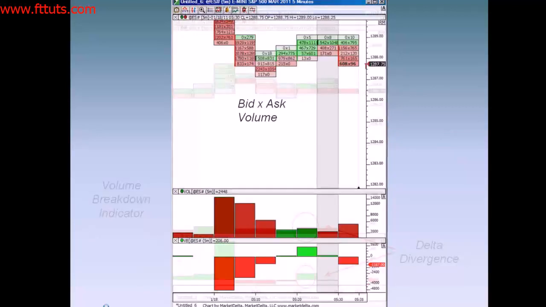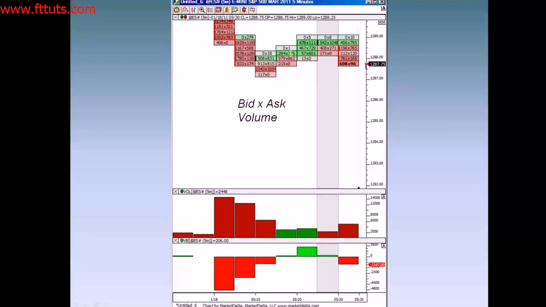Another way that we can display and look at the footprint chart is the bid and ask volume. In this case, what we wanted to highlight rather than the delta is the total volume at each price and highlight it with a color.